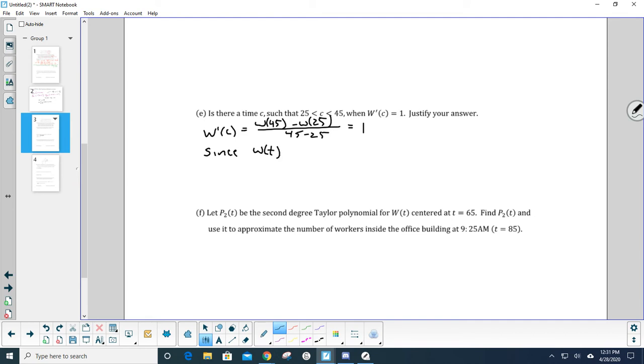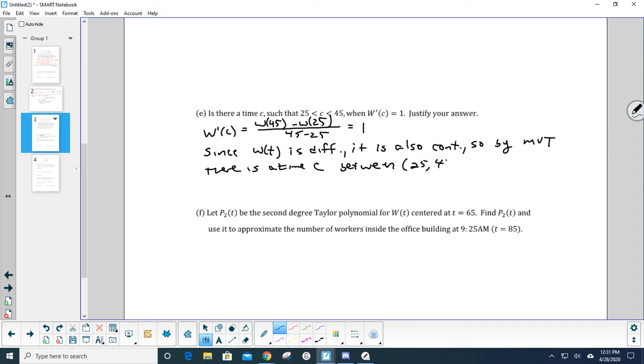And I said since W sub T is differentiable, and I would write this out, but I'm just writing it shorter here, it is also continuous. So by the mean value theorem, there is a time C between 25 and 45 where W prime sub C equals 1.